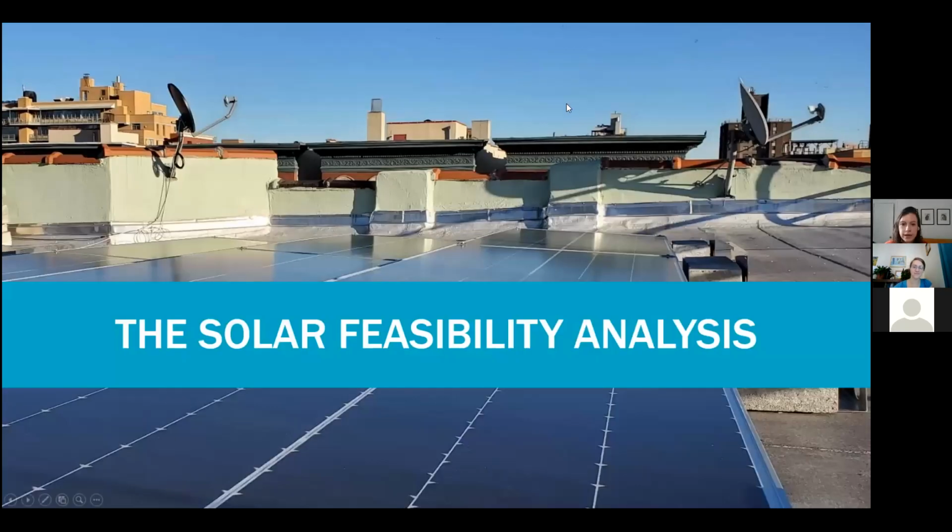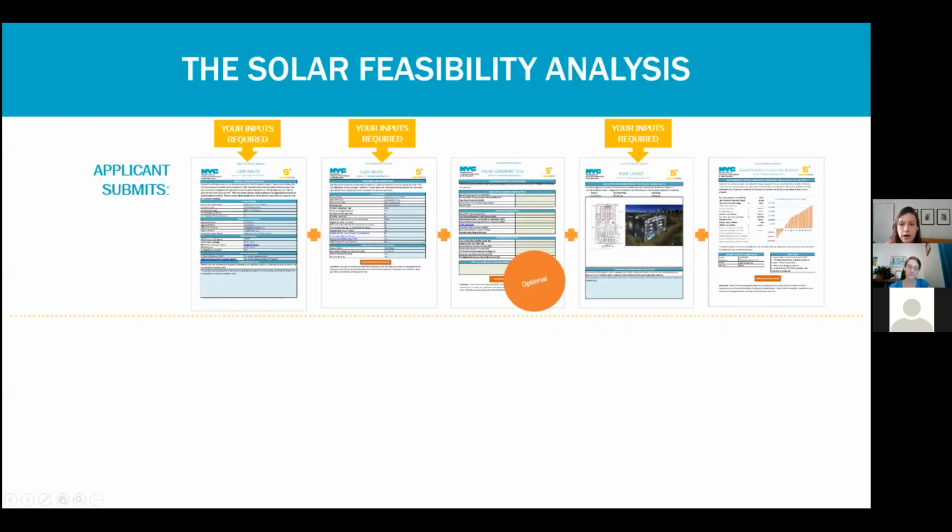Great. So next, we'll go through the solar feasibility analysis itself, which is not only a tool that's going to help determine if solar is required for your building, but can really be used to help you figure out the best way to go solar and achieve your goals for your building. So, as I mentioned, we designed this tool in partnership with HPD to be really easy to use for the applicant and building owners at any level of familiarity with solar.